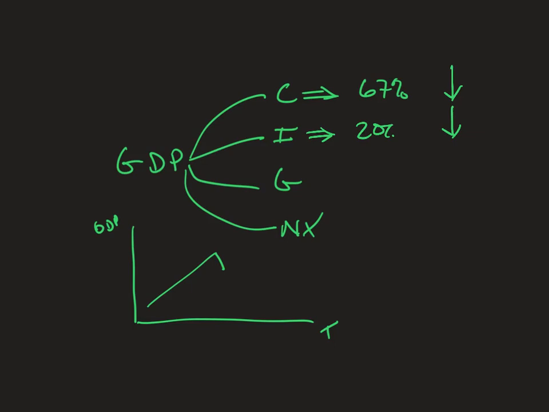So for policymakers, we want to understand which variables matter. If we lower interest rates, how much is that going to boost consumption or investment? If we lower taxes, how much is that going to boost consumption? How can we pull these levers to get us back there as fast as possible?